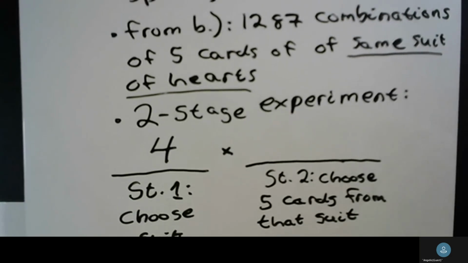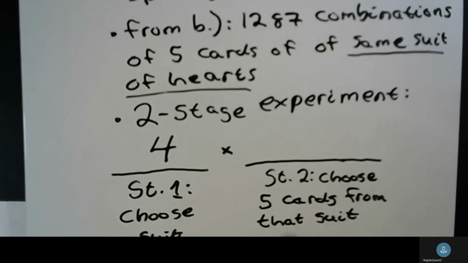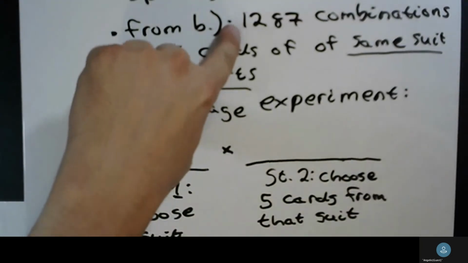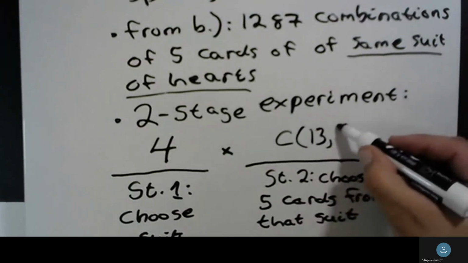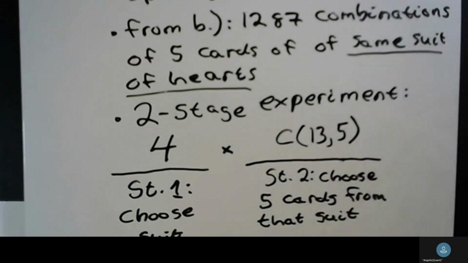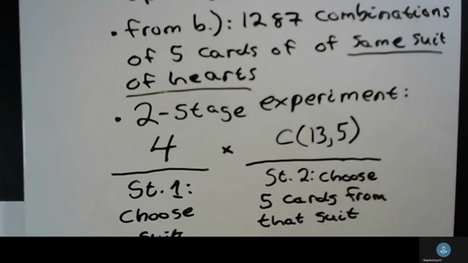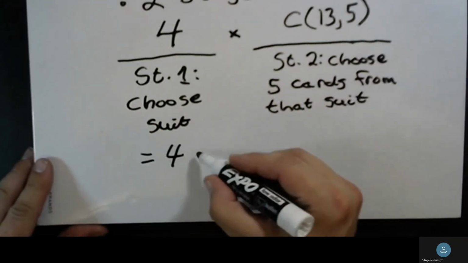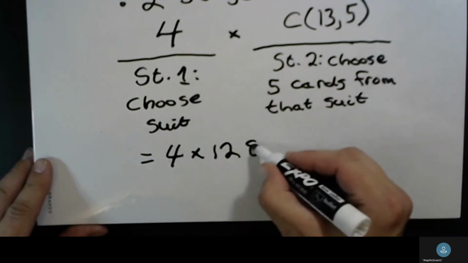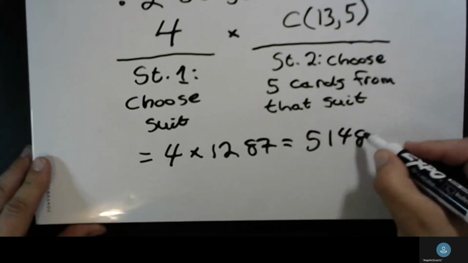And it doesn't matter if it was hearts, diamonds, spades, or clubs, the number of possible outcomes, or the number of combinations, for choosing those 5 cards from the same suit, 1,287, was our C(13,5), because there's 13 cards per suit. We're going to choose 5 of them. We're looking for combinations. So this will be 4 times 1,287. And that comes out to 5,148.